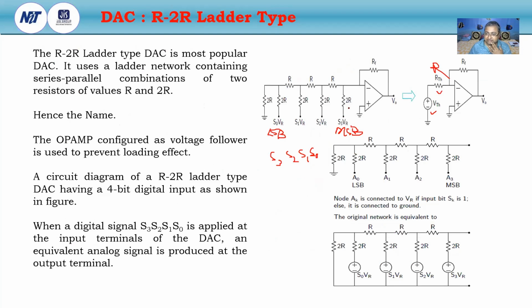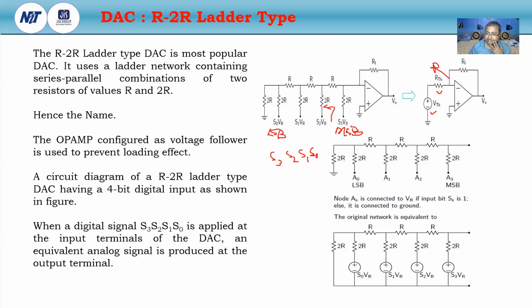This is the 2R connected with the voltage, S3 equal to 1, and all the others are zeros: S2 0, S1 0, S0 0.